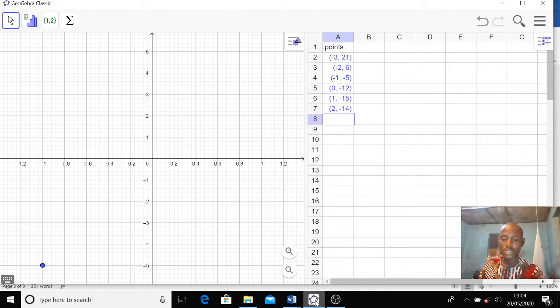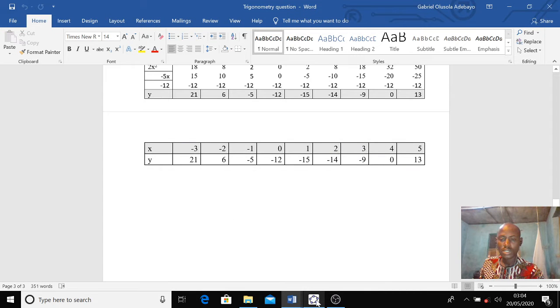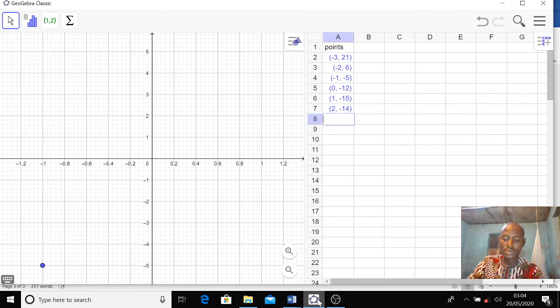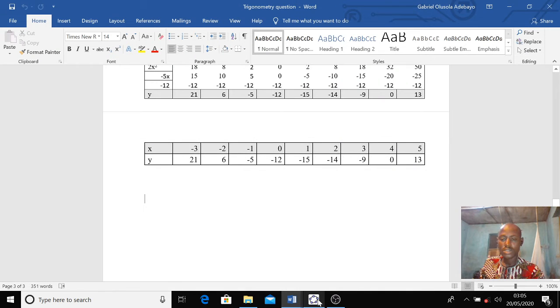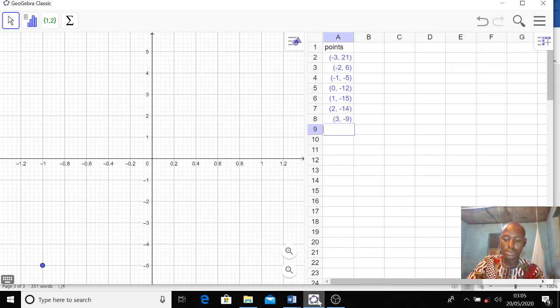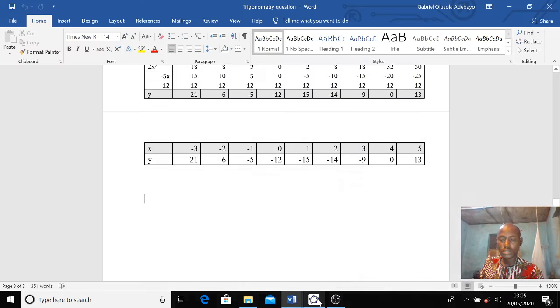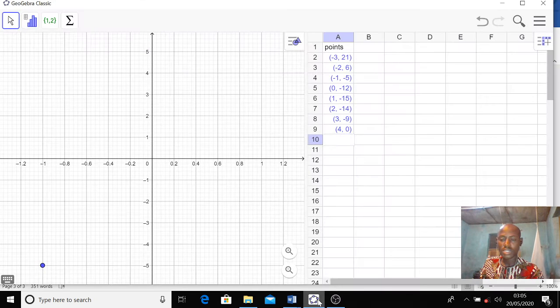The next one will now be 3 comma -9. 3 comma -9. The next one will now be 4 comma 0. 4 comma 0. The next one will now be 5 comma 13. 5 comma 13.